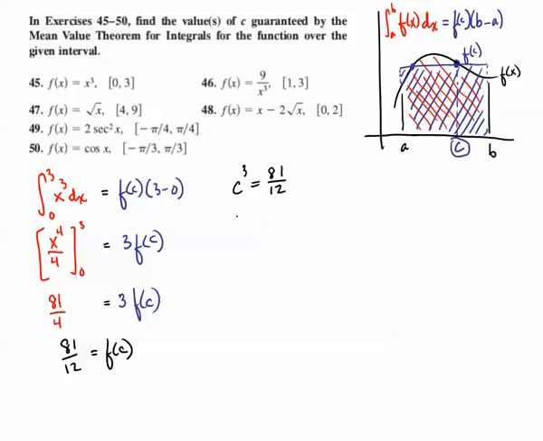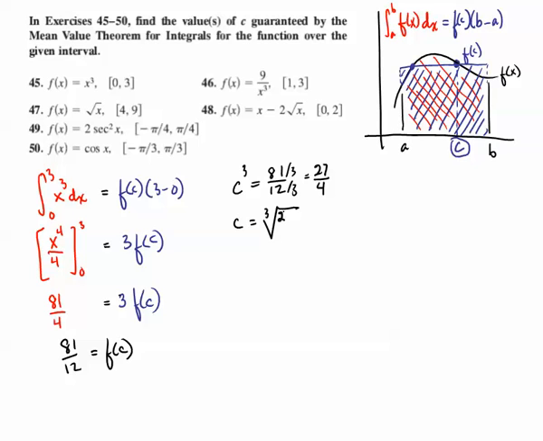All we're going to do there is take the cube root of 81 over 12. Before I do that, I'm just going to simplify that fraction. I can see that the numerator and denominator are both divisible by 3, so I'm going to get 27 over 4.